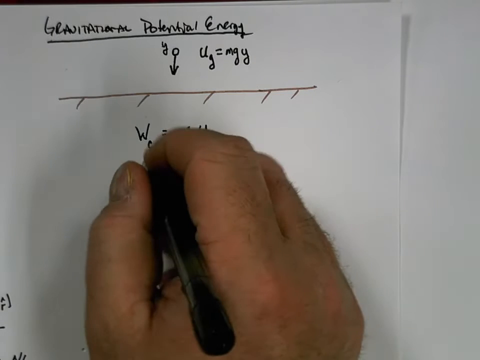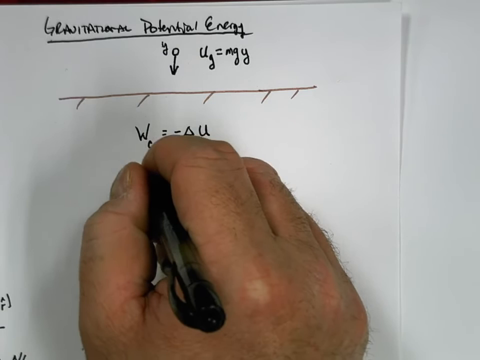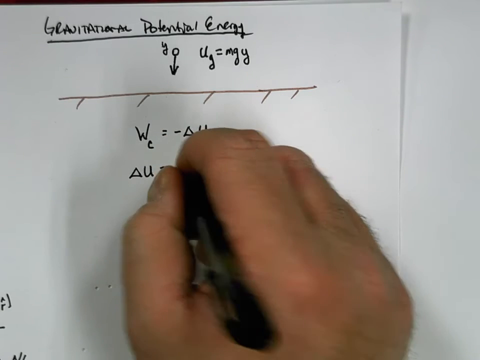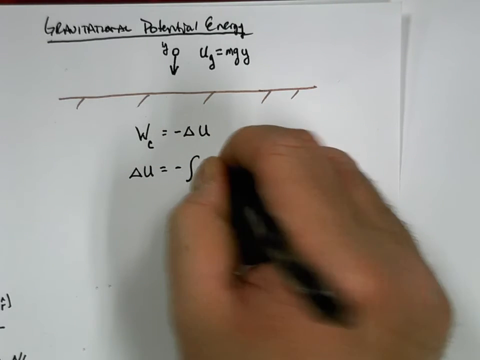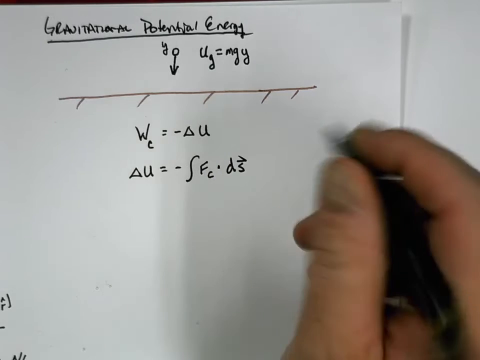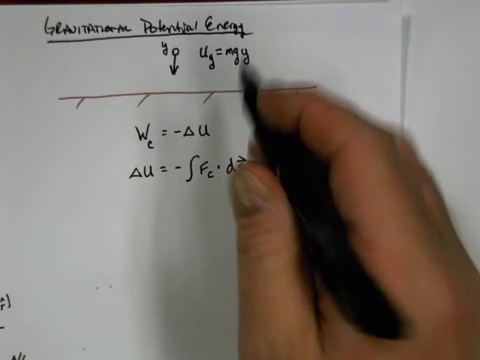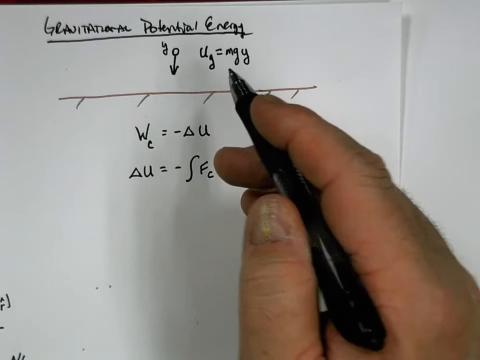Or another way to write this is that our change in potential is equal to the negative integral of the conservative force times the ds, or the distance over which it's exerting the force.